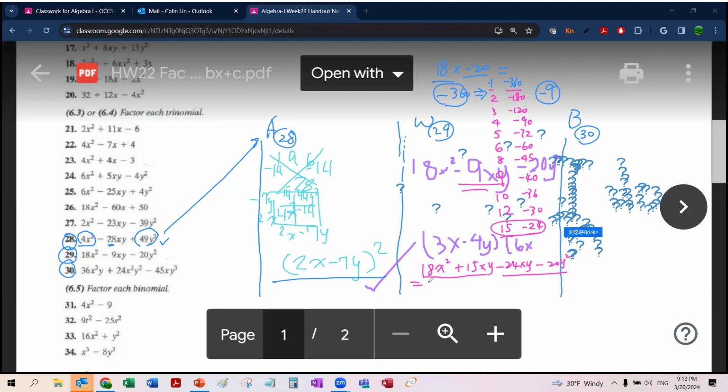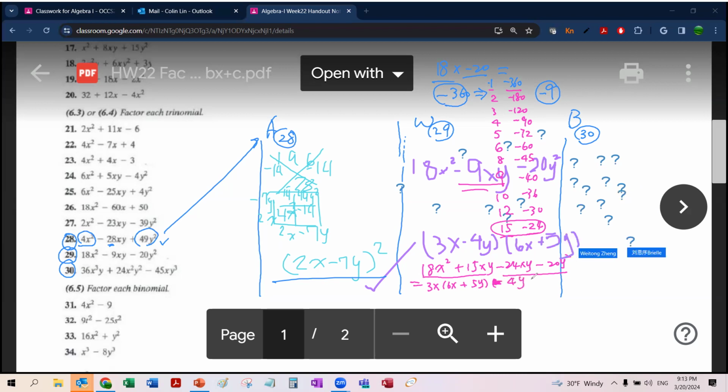So here is 3x, and the second part, negative 4y, 6x plus 5y. Exactly. 3x minus 4y, 6x minus 5y. Cool, you got it.